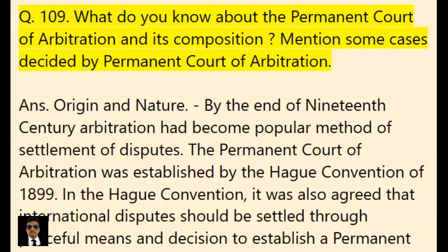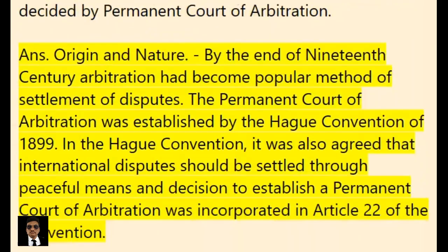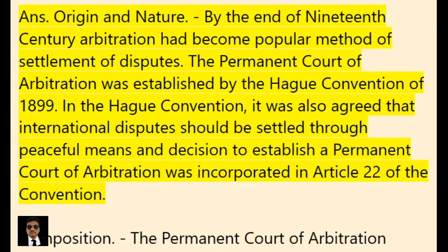Q109. What do you know about the Permanent Court of Arbitration and its composition? Mention some cases decided by the Permanent Court of Arbitration. Ans. Origin and nature. By the end of the 19th century, arbitration had become a popular method of settlement of disputes.